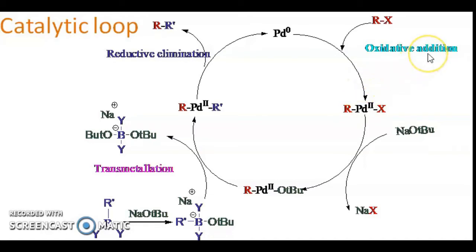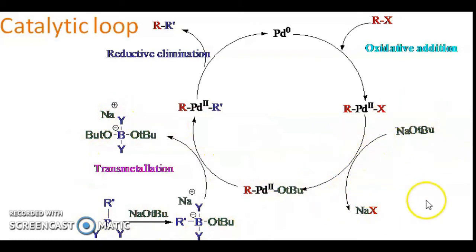Okay, so oxidative addition involves retention of configuration in vinyl halide, while in case of allylic and benzylic halide, it involves inversion of stereochemistry. Okay, and here you have the transmetallation step.